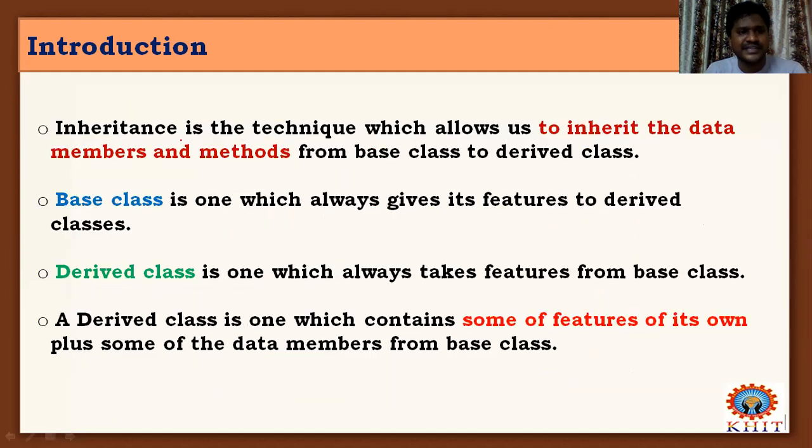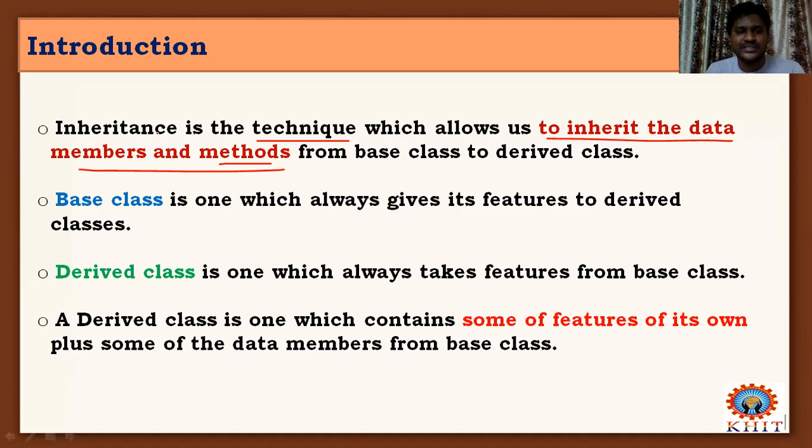And coming to inheritance, it is the technique. Once again, we will revise these points in normal terminology. Inheritance is the technique which allows us to inherit the data members and methods of the base class, nothing but a superclass. What are these data members and methods? Nothing but the instance variables of a class or the methods of a class.